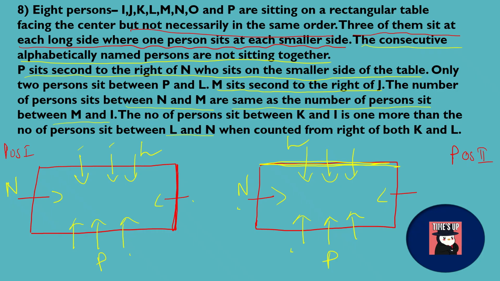Between K and I it should be one more than that. If 2 persons are sitting between L and N, then 3 persons should be sitting between K and I. That is in possibility 1. In possibility 2, between L and N there are no persons, so between K and I, one person should be sitting.